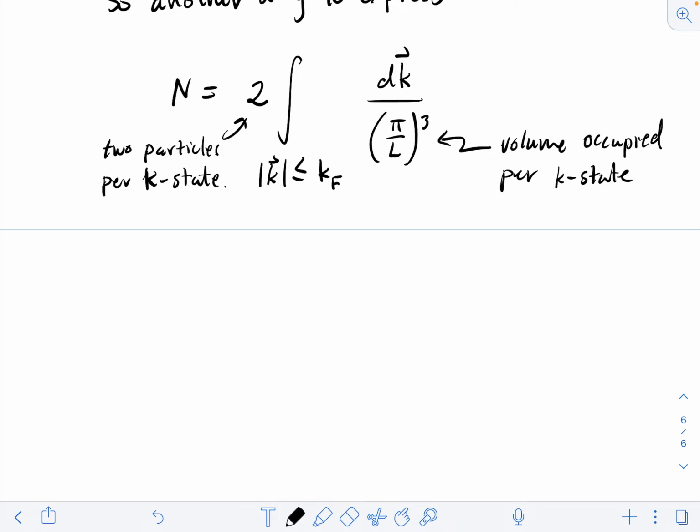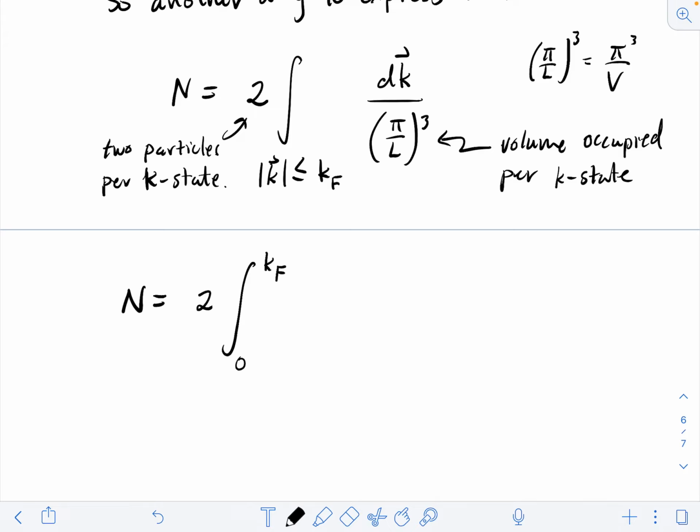Okay, so let's see. This n is going to be 2, and we're going to go from 0 to the Fermi wave vector. This pi over L cubed, we're going to write as pi cubed over the volume of our system.